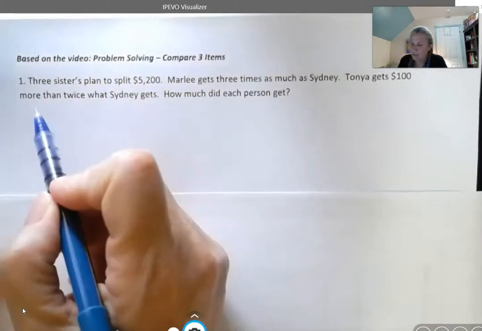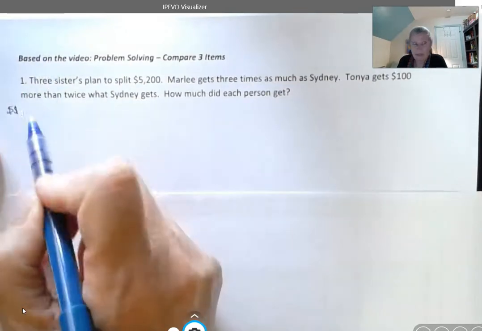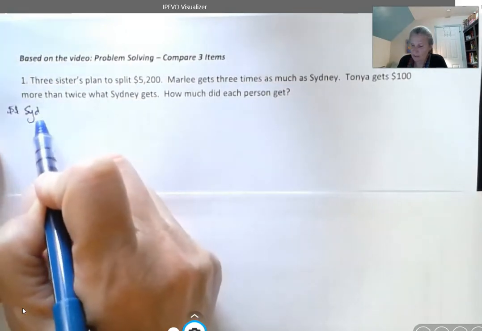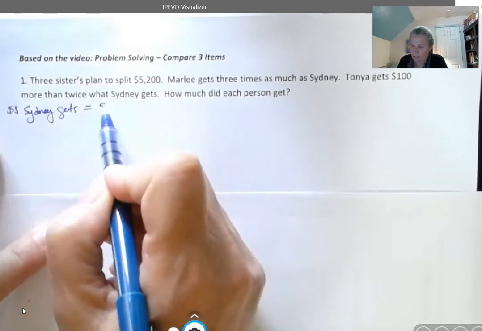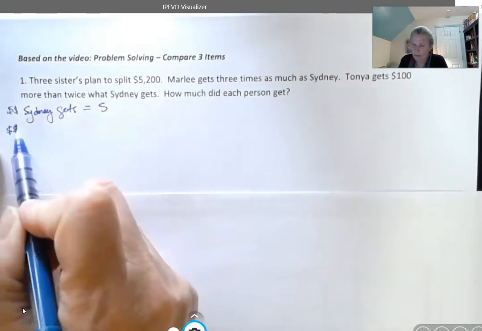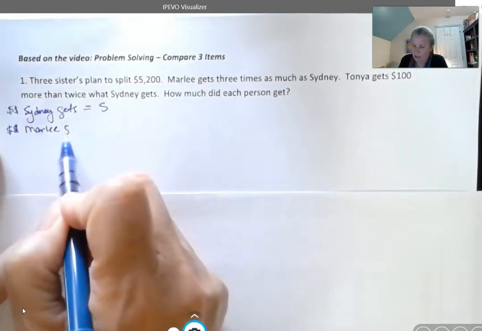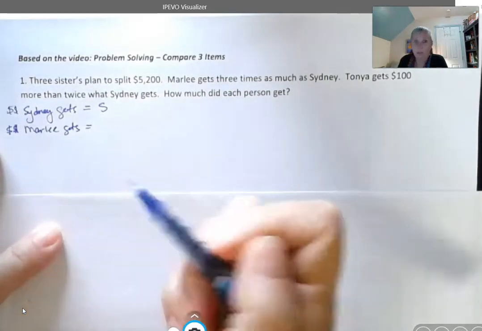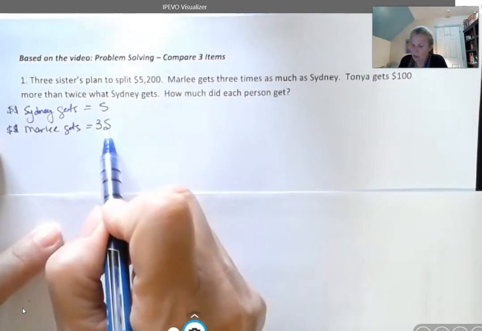So I'm going to say that the dollars that Sydney gets is S. And the dollars that Marley gets, well, she gets 3 times as much as Sydney, so do you agree we would just say 3S?